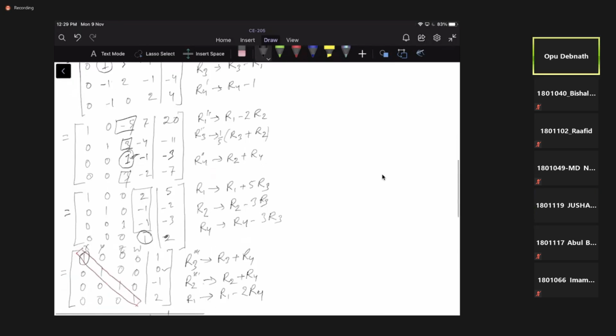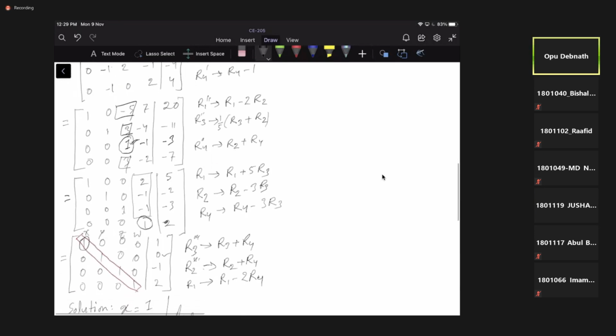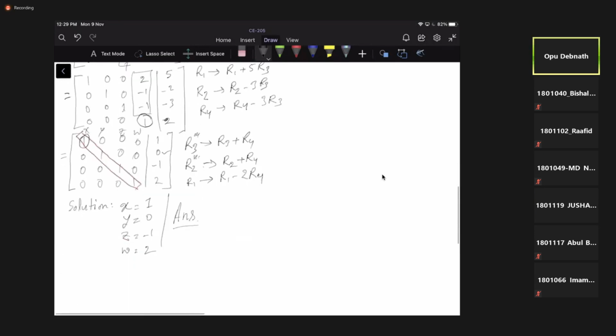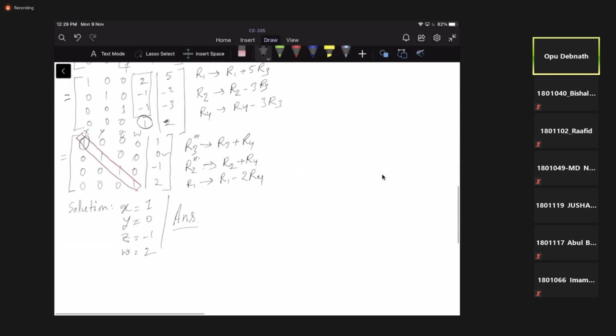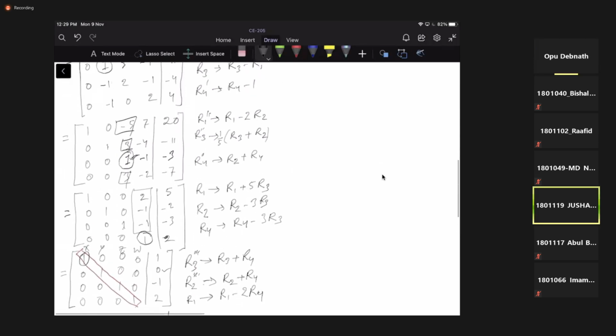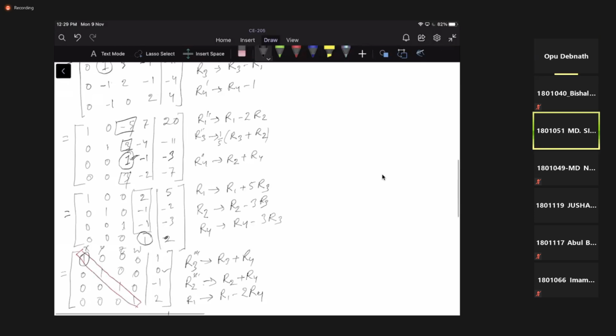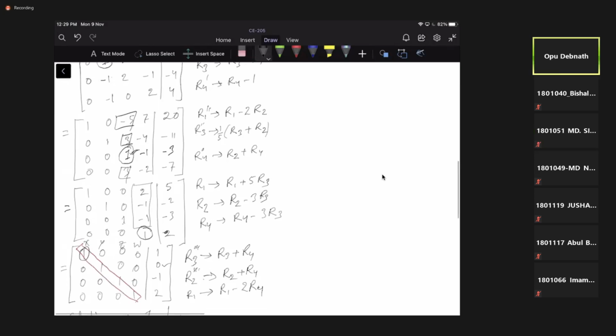Only a few steps, but you need to be careful about the steps and calculations, because sometimes in multiplication, like 5 times 2, 2 times 3 minus 5, there may be some mistake. So suppose you got 5, or you mistakenly write 3 or minus 5, anything.